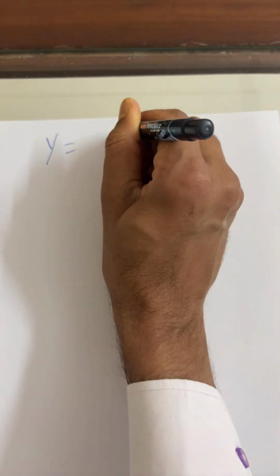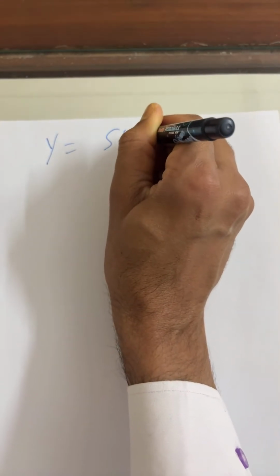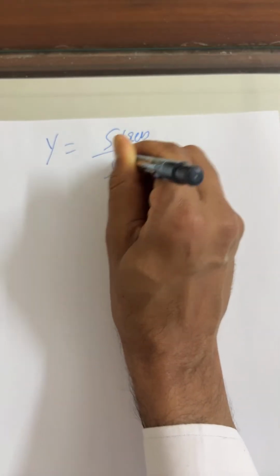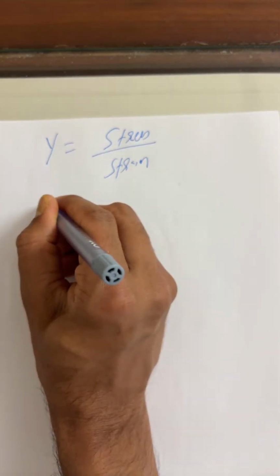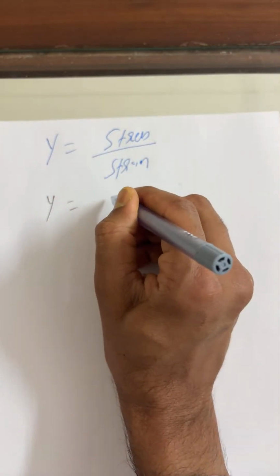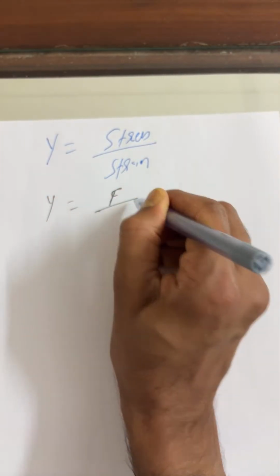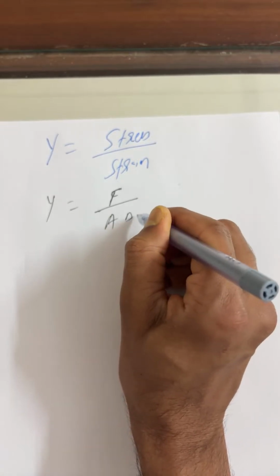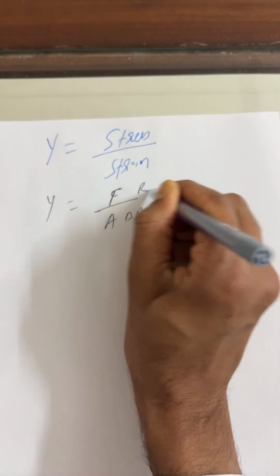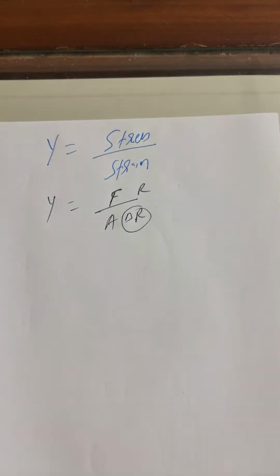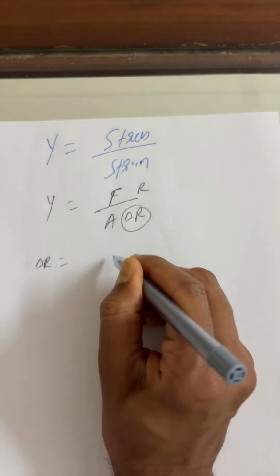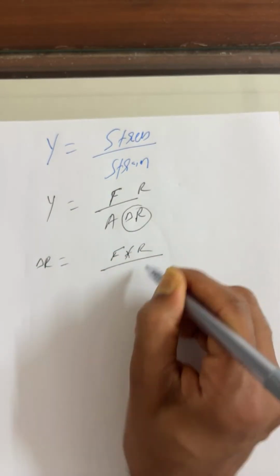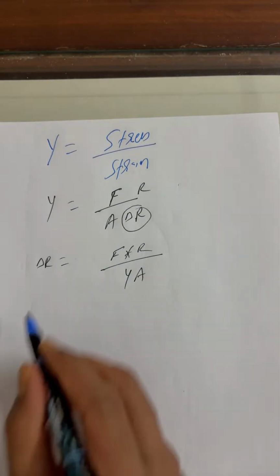Young's modulus is defined as stress upon strain. Stress is nothing but force per unit area, and strain is delta R by R. We want to find delta R according to the demand of the question. So you can write delta R is F into R upon Young's modulus into A.